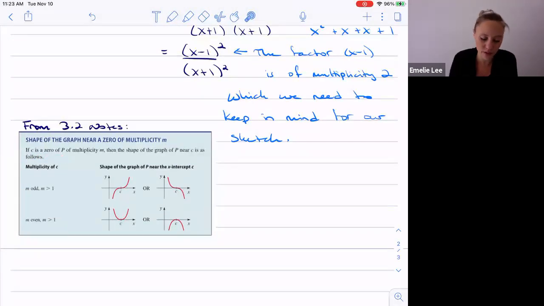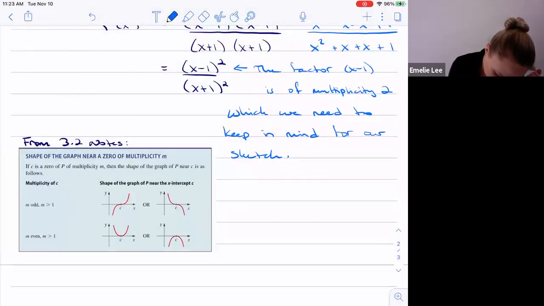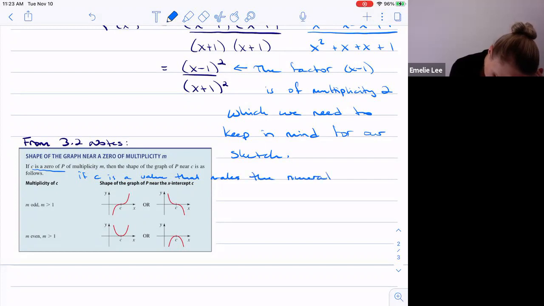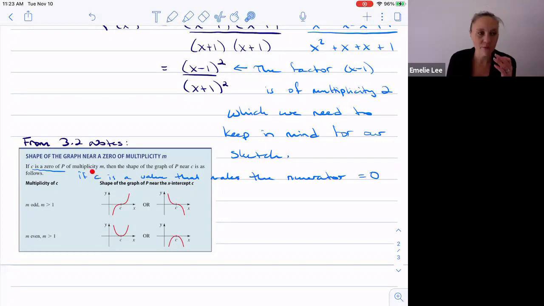We are using the same notation, so P is the numerator, and if C is a 0, it means it's a value that makes the numerator 0, and it's of multiplicity m.